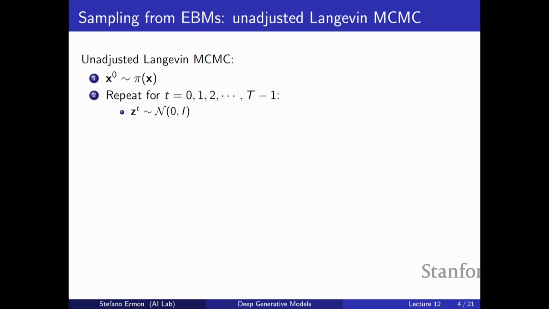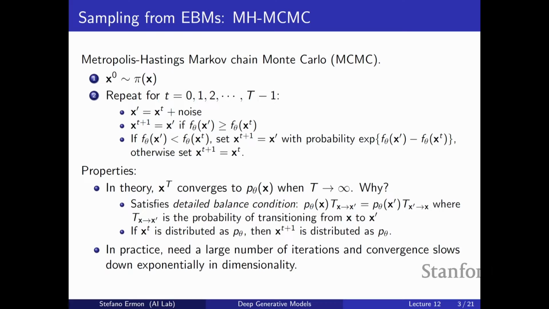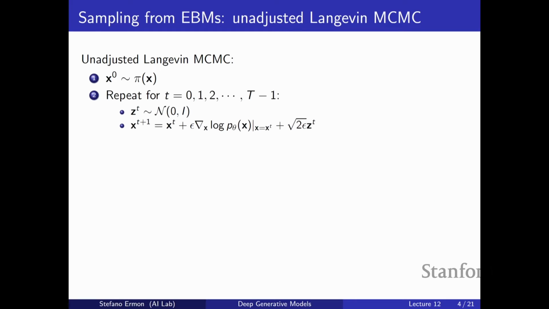I didn't really say how I produced this perturbed version. I just said add noise, but in practice, it turns out you can do it any way you want, and it still gives you a valid algorithm. And so if you define a way you add noise by saying I follow the gradient and I add a little bit of Gaussian noise, that defines a valid procedure of proposing new data points.